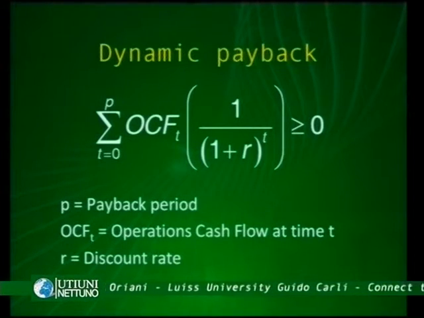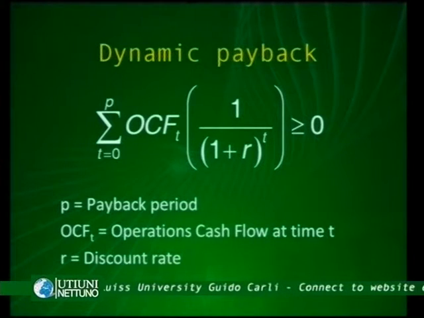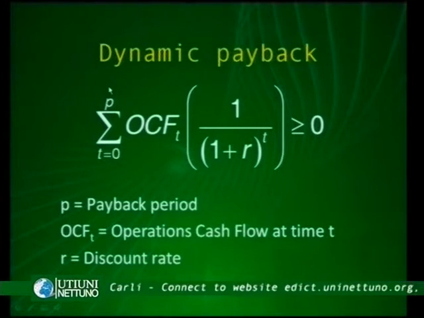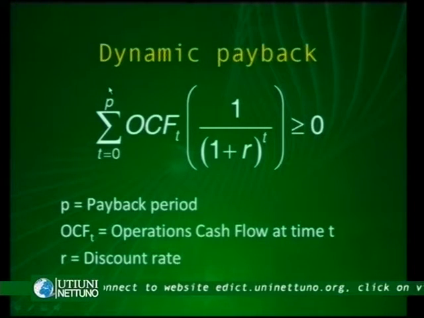And this is evident in the formula. You see that the summation goes up to P, but the life of the project will be longer than P, and so all that happens after time P does not concern the calculation of the payback.